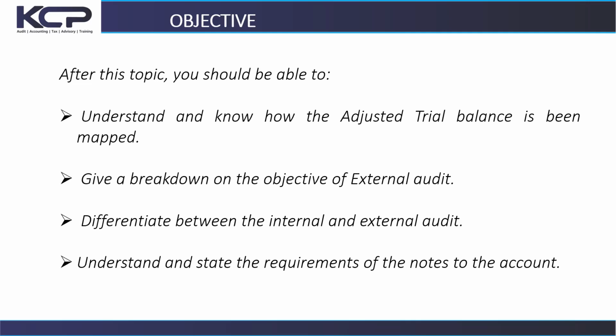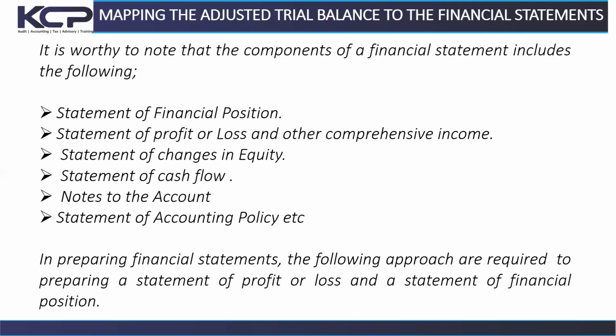Then as part of the outline, we should also consider a breakdown of the objective of the external audit, differentiating between the internal and the external audit, and understanding and stating the requirements of the notes to the account, as provided in IAS 1.